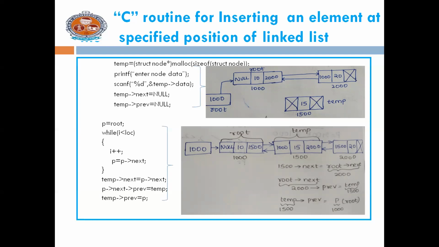First one is int data to store a data value, then struct node type star next, and struct node type star previous, because we have declared those as pointer variables which will point to another node. And initially we have declared struct node star root equals null. Initially our linked list is empty, so we have assigned the root value as null there.